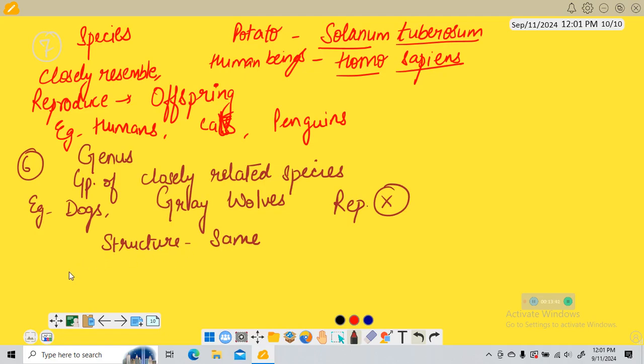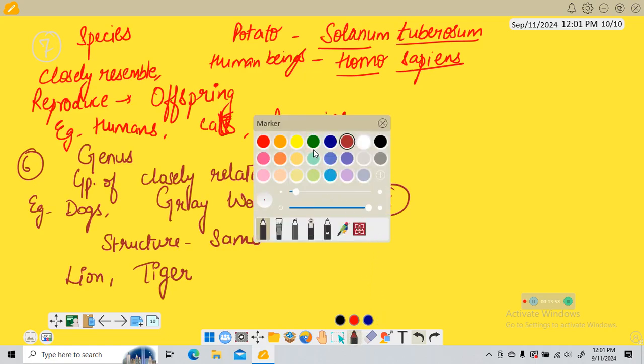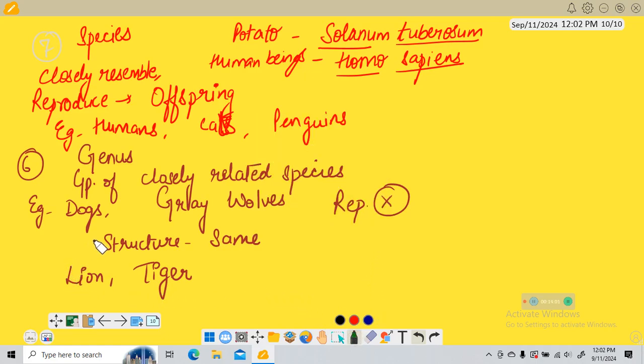Okay, so then we'll take the example of lion and tiger. They will not reproduce. Lion and tiger together will not reproduce, but their structure is same. They both are physically so huge. So now scientific name of dog is Canis familiaris. Grey wolf is Canis lupus.